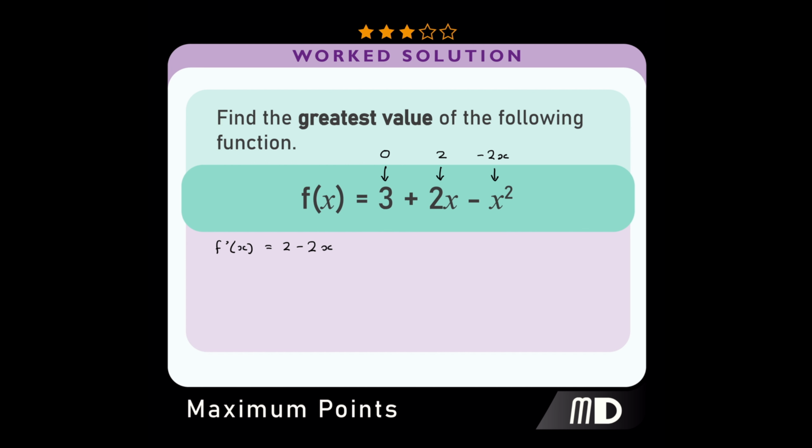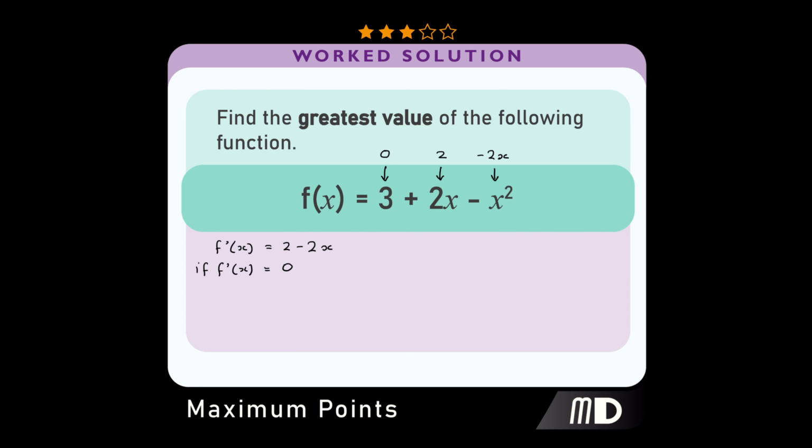To find the value of the x-coordinate for the stationary point of this function, we need to equate f prime of x to 0 and solve for x.